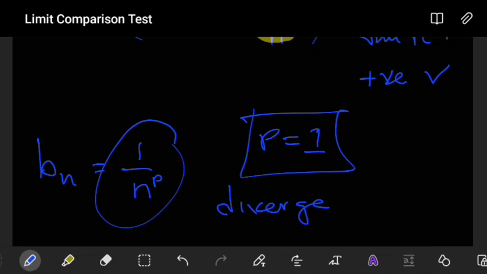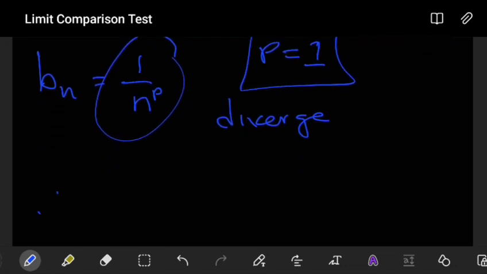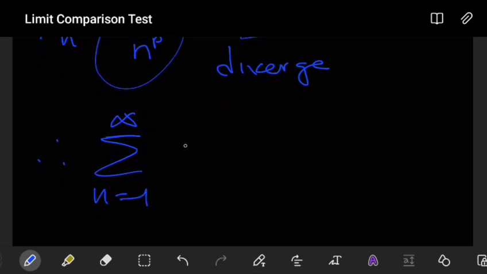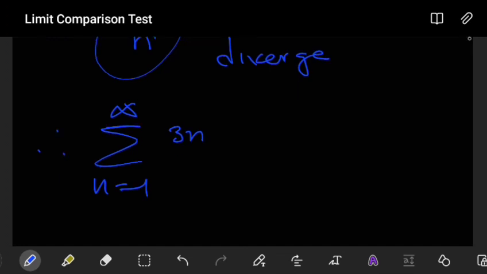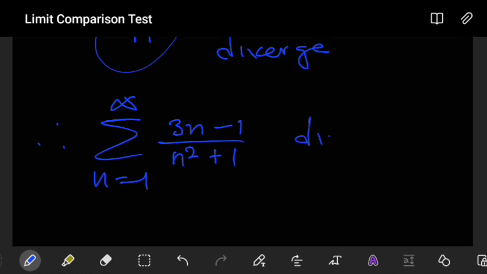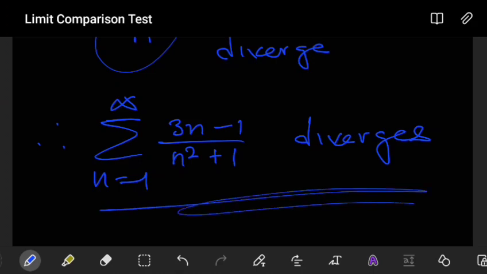Okay, so Bn diverges, and since the conditions for the comparison have been met, since Bn diverges, then we can conclude that even our An diverges. So therefore, the conclusion: the sum from n equals 1 to infinity of that sequence we had, which is 3n minus 1 over n squared plus 1, this sequence diverges. So this is how we do it.